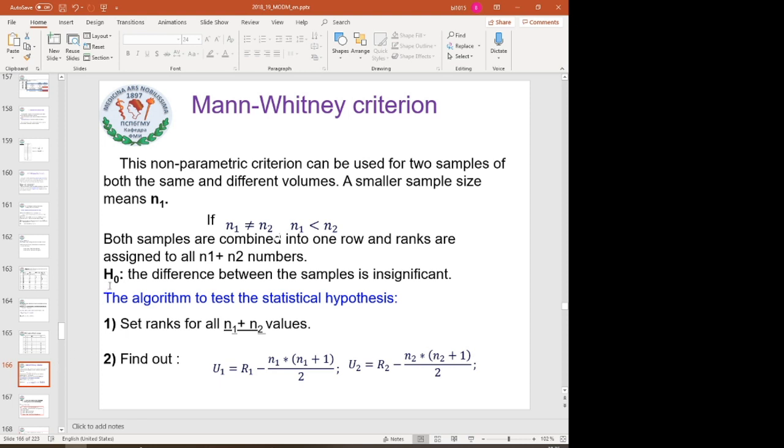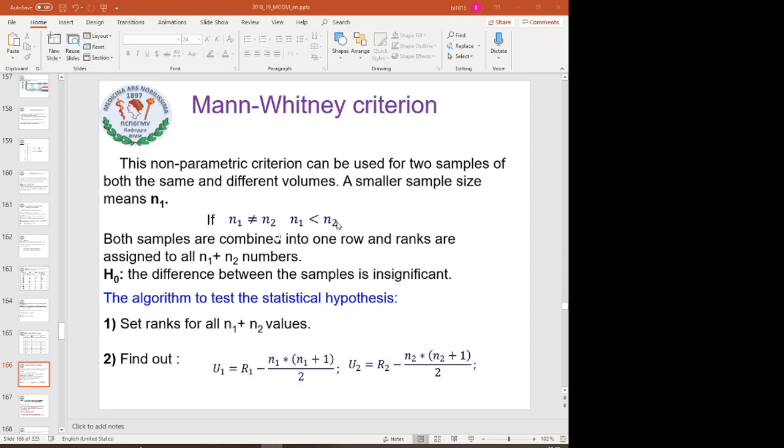The next criterion is also rank criterion. It's analogous to Student's criterion. We compare not paired, not dependent, but independent samples, but those samples could be not normally distributed. First, let's order our samples. Let's denote n1 as the number of objects in the smallest sample, and n2 as the number of objects in the biggest sample.